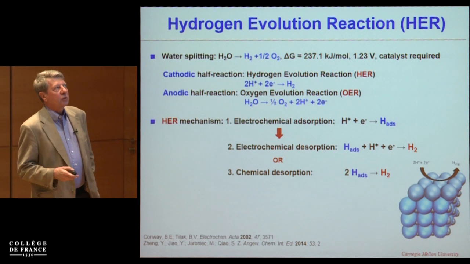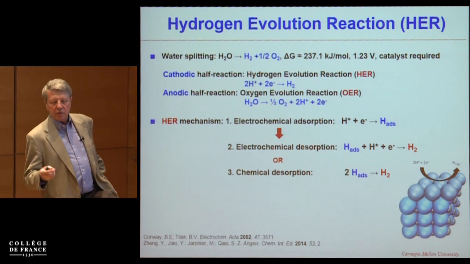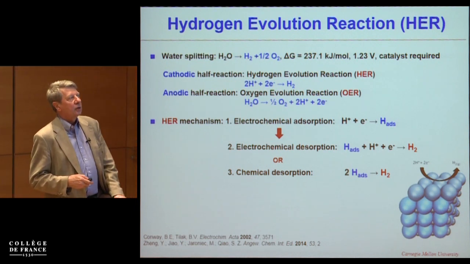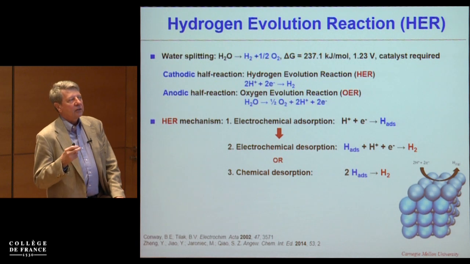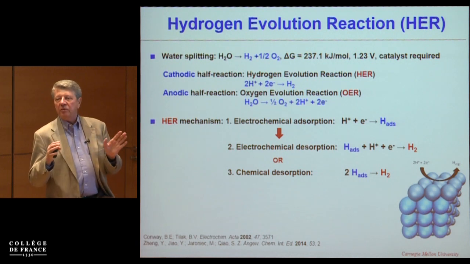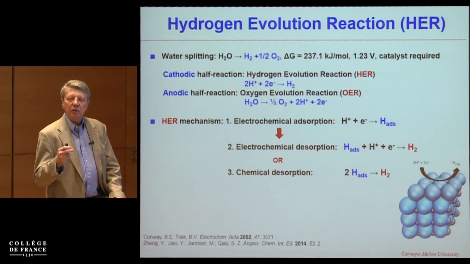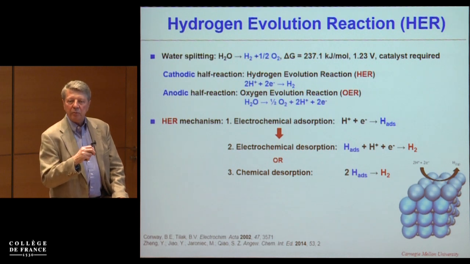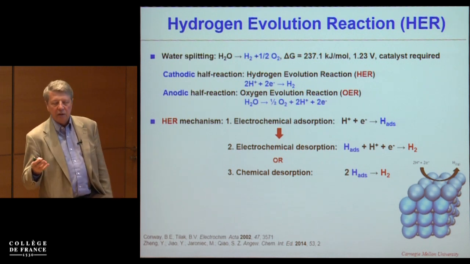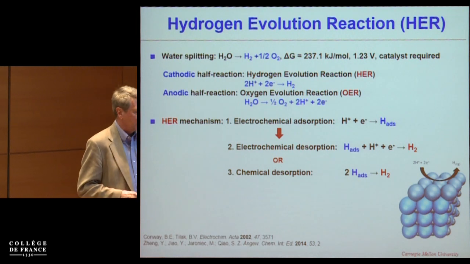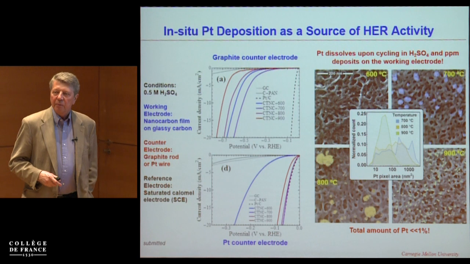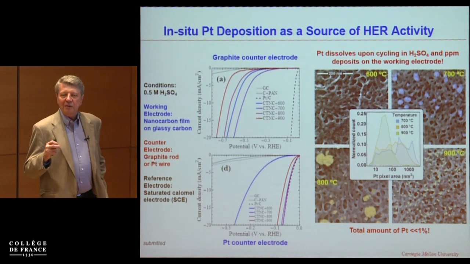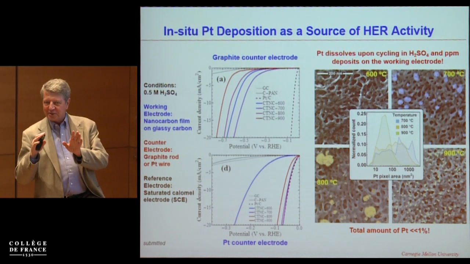Hydrogen evolution reaction is another important issue for water splitting and some other applications. And so far, platinum is by far the best system. So can we use this nitrogen-doped carbon in a similar application as platinum? And originally, we were extremely excited about it, but less excited after some time.